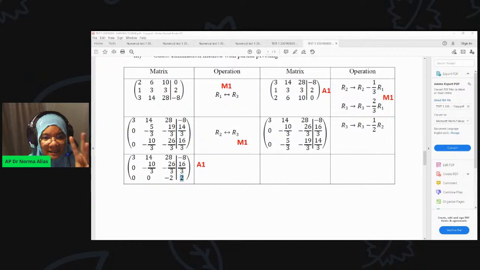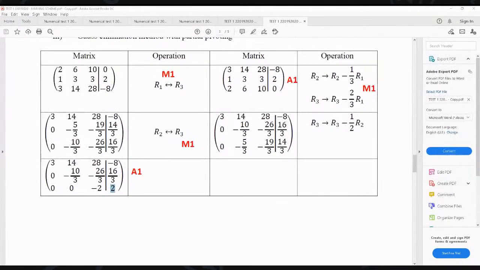You have 3 methods and 1 answer. This is how we distribute the marks. But if you do it any other way and develop a correct matrix, you can also get full marks.